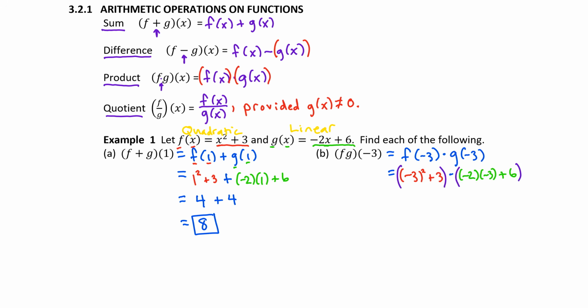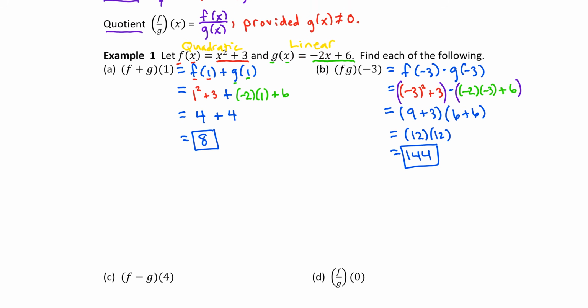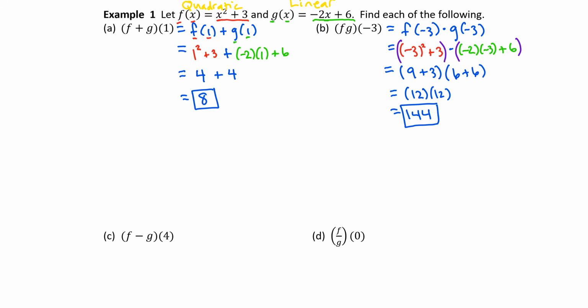This will allow me to evaluate using the correct order of operations. Inside parentheses here, we have 9 plus 3, and inside parentheses here, we have 6 plus 6. Evaluating, it looks like we have 12 times 12, or 144. So think of this as two problems in one. You're evaluating two functions and then carrying out a specific operation.